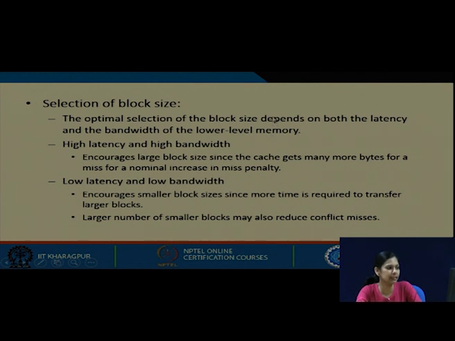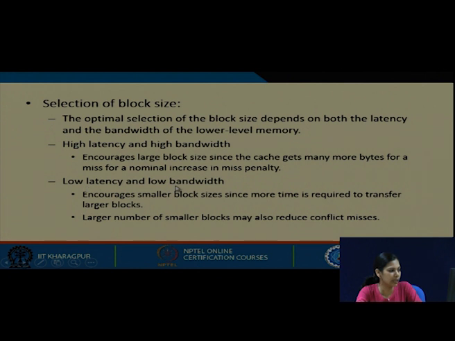If we have high latency and high bandwidth, this encourages large block size, since the cache gets many more bytes for a miss, for a nominal increase in miss penalty.